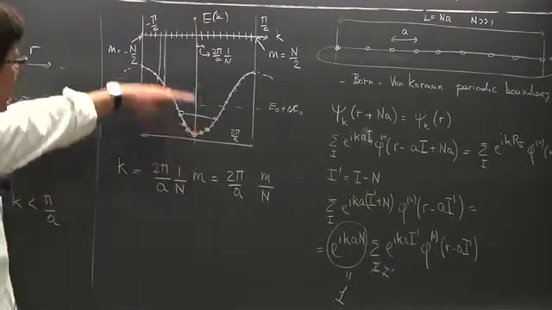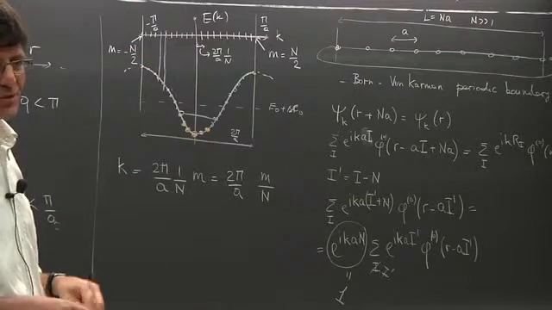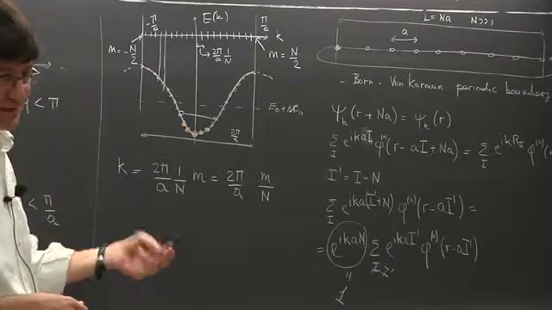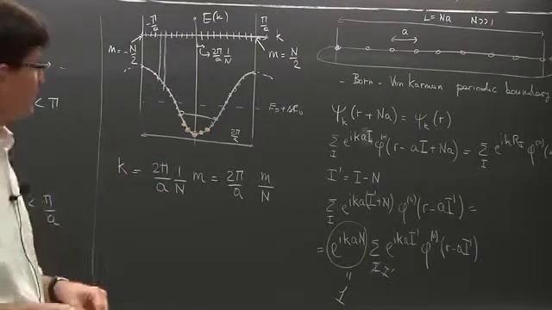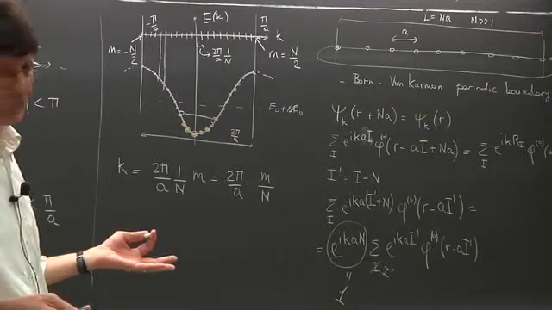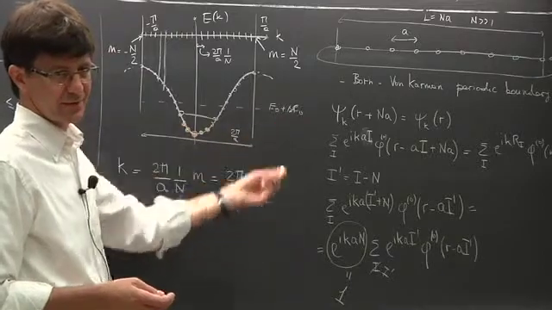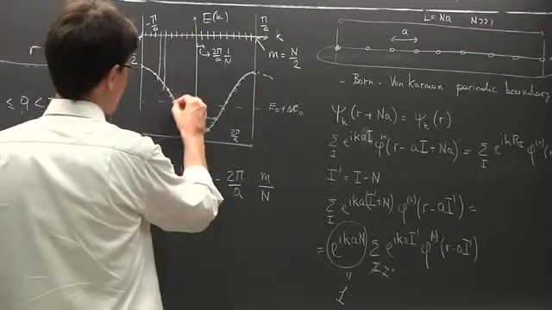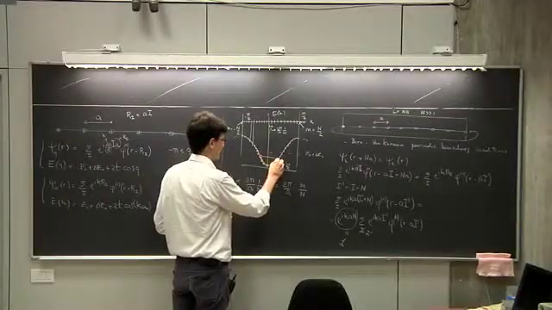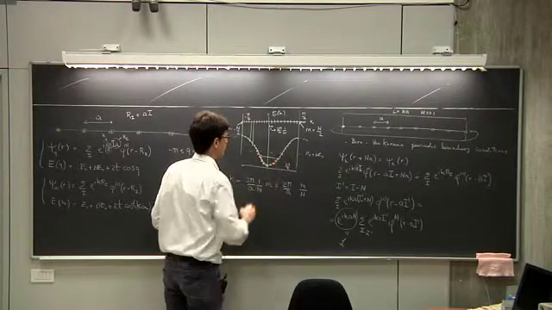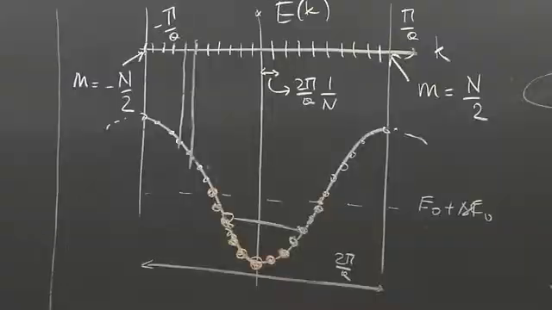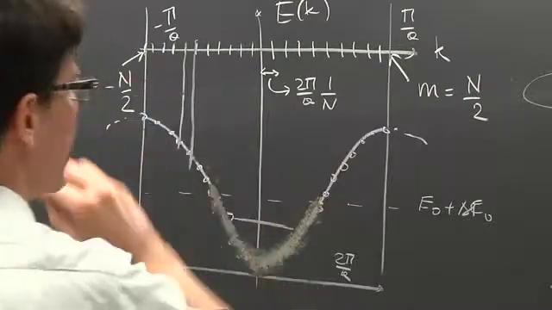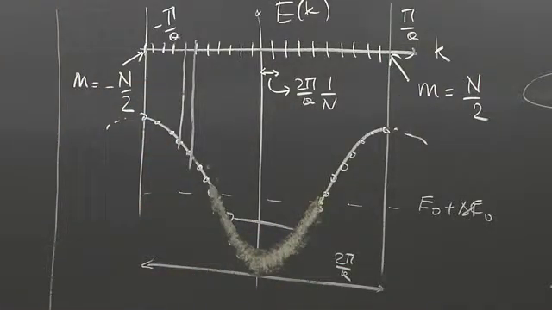If we fill up the whole system, how many electrons would we need to fill up the whole spectrum? 2N, because we have N states and 2 electrons per state. But we only have N. So where will we stop? Halfway. And where is halfway? Here. It is a sinusoidal function, so halfway means that we stop here. All right? So these states will be filled, and these states will be empty in our problem.